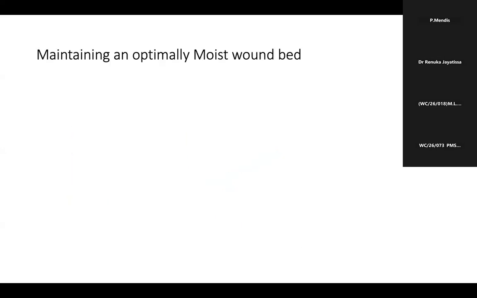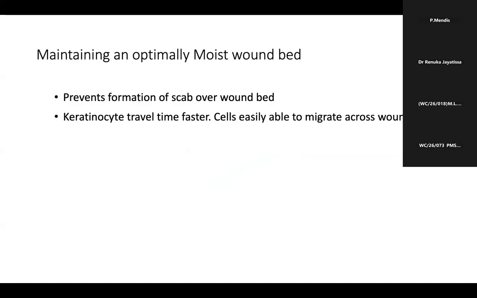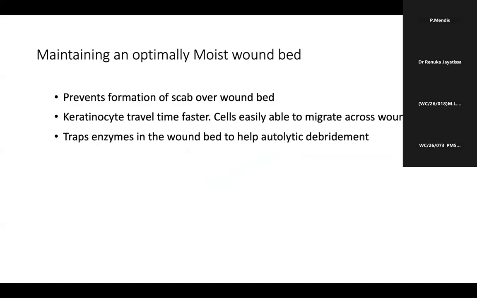Now, how do we maintain the optimum moisture in a wound bed? It is important because if it's too dry, then it scabs. Then you can't epithelialize, and the cells can't migrate. The wounds won't be able to work properly, and the enzymes won't work properly.